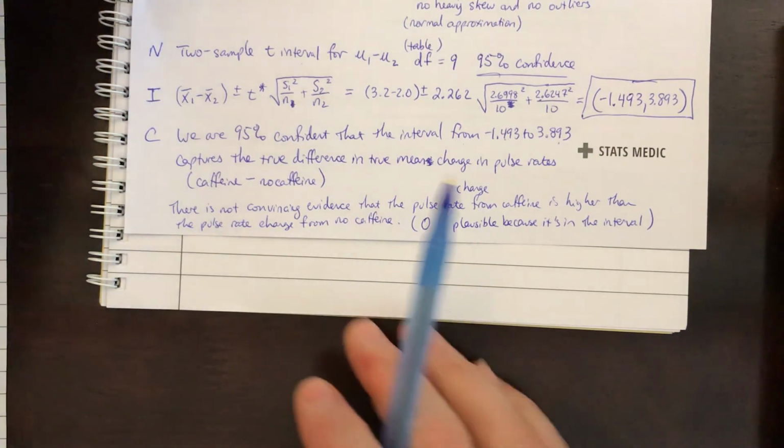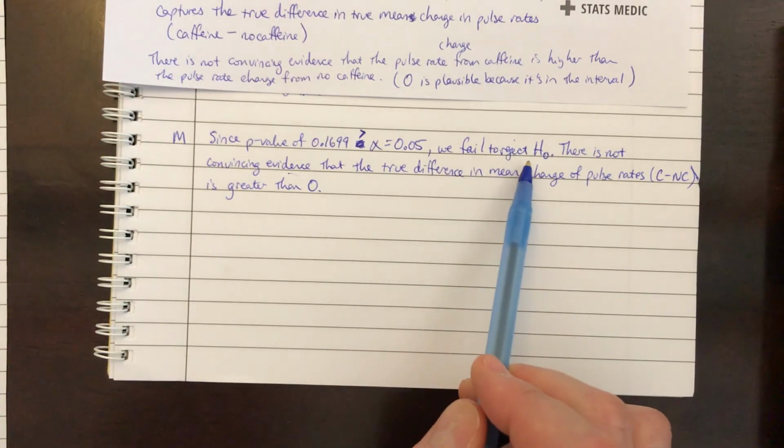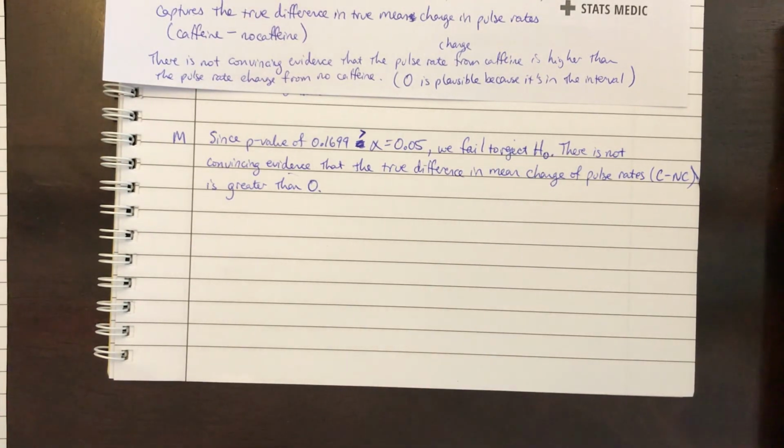That's exactly what our significance test is saying, that we cannot reject the null hypothesis. The null hypothesis was that there was no true difference in the mean changes in pulse rate. So our significance test is agreeing with our confidence interval. And that is the end of the notes.